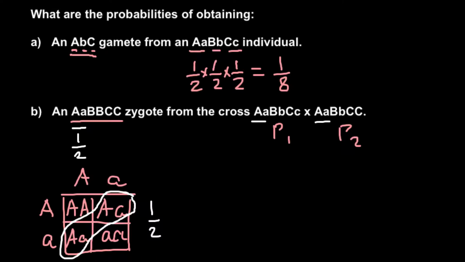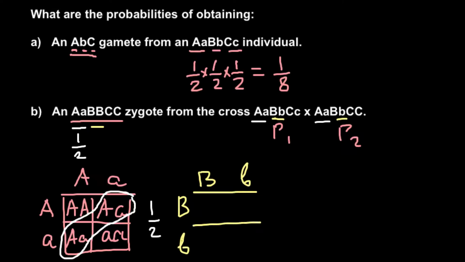Now let's look at a different allelic pair. So this is going to be capital B, and we have parents who are also heterozygous. So parent 1 genotype would be capital B and small b, and parent 2 capital B and small b.